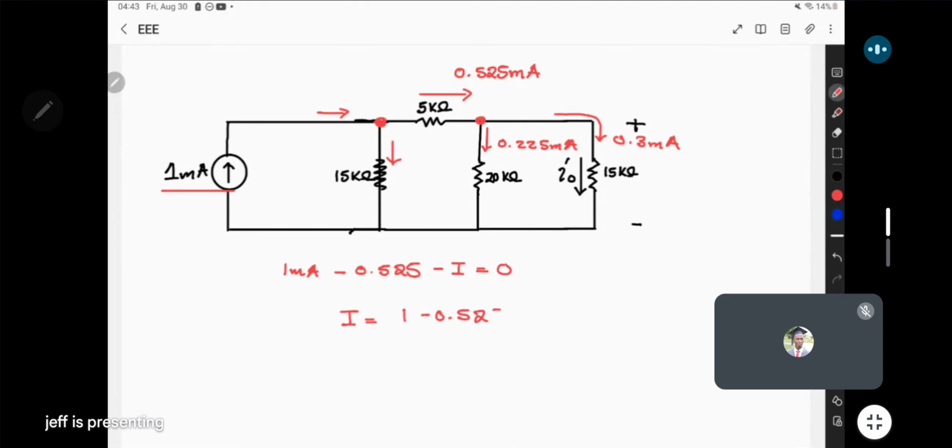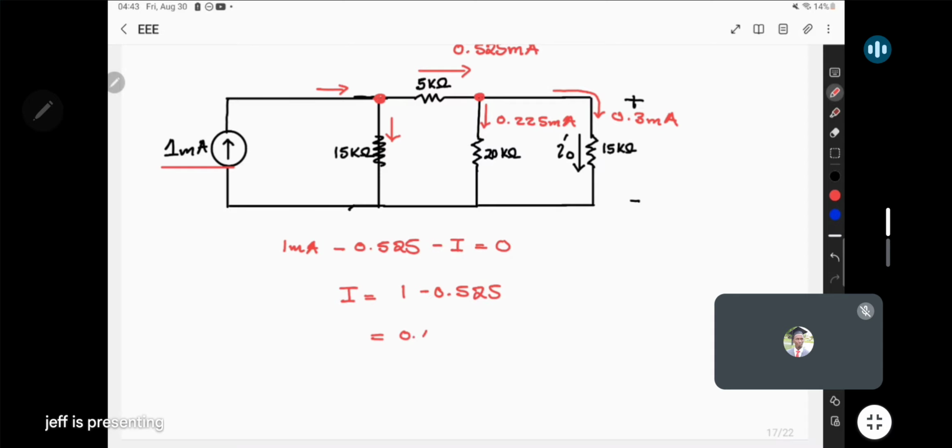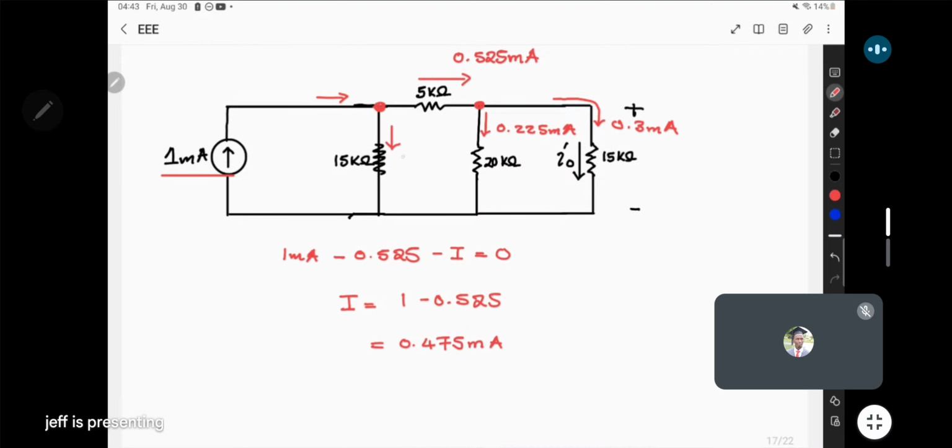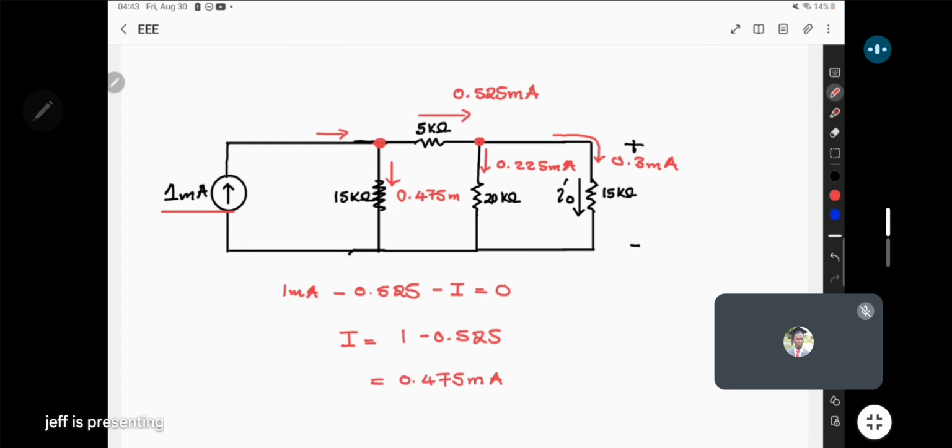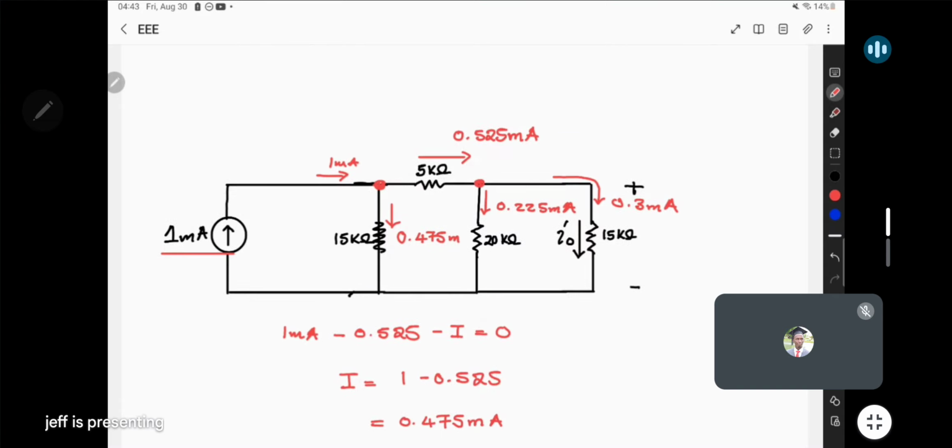So we get 0.475. So this is how much current went down. And this side we have 1 milliamp. So again, let's reverse.